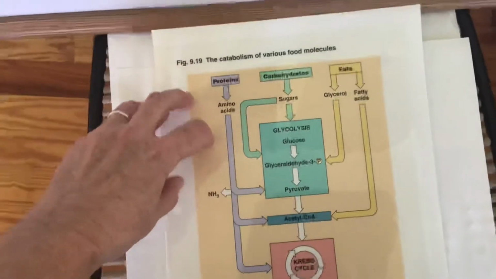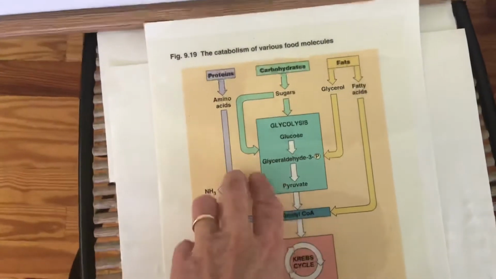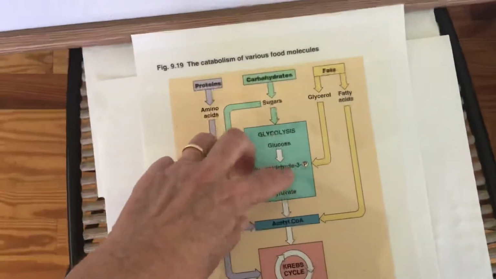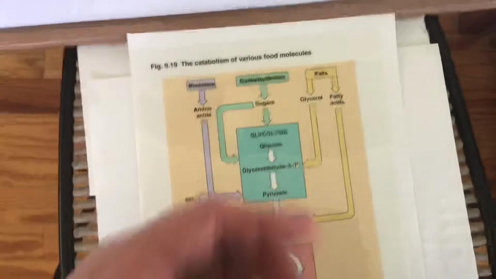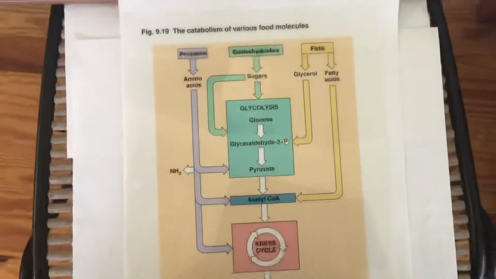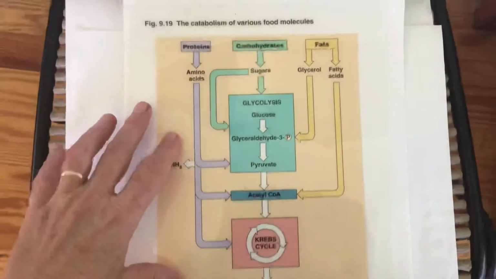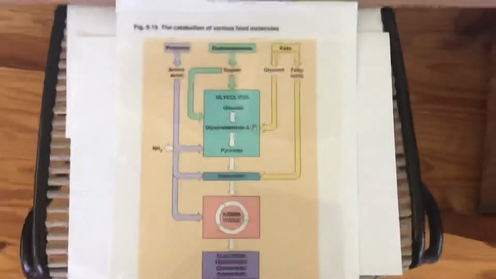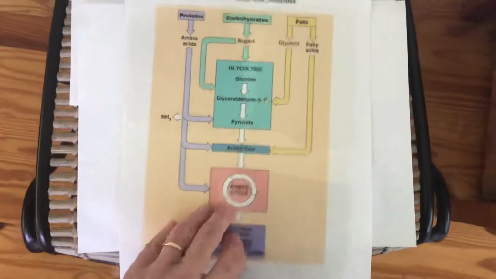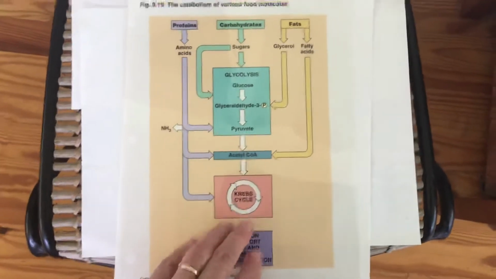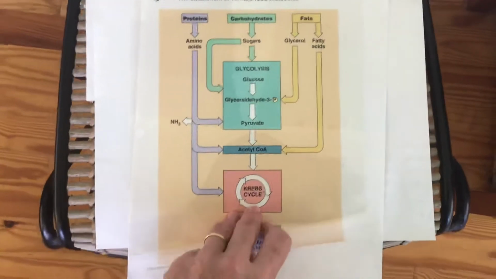Proteins would enter in down here someplace, and fats could enter into various parts. So any kind of food could be converted into ATP for the cell to use. This is just an overview of the process and where the different kinds of food could be inserted into the cellular respiration.